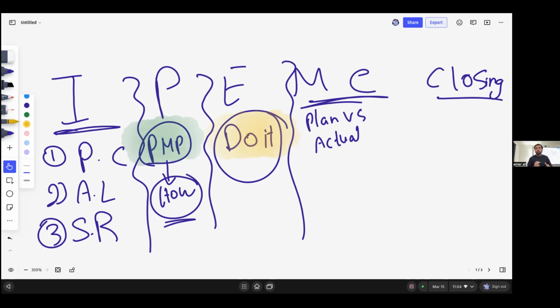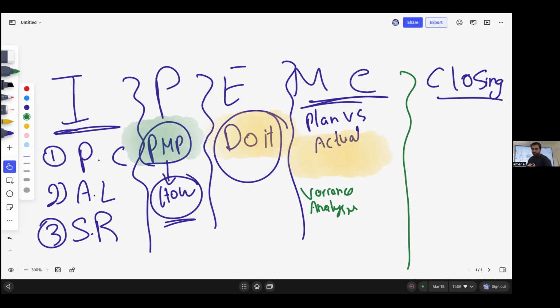In monitoring and control, I am comparing my plan versus actual. Do I need to change my plan? Does my plan need to be updated? This is called variance analysis. You will check plan versus actual. For example, the plan was to complete three topics yesterday.